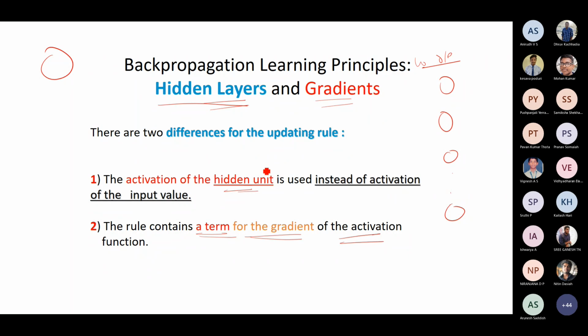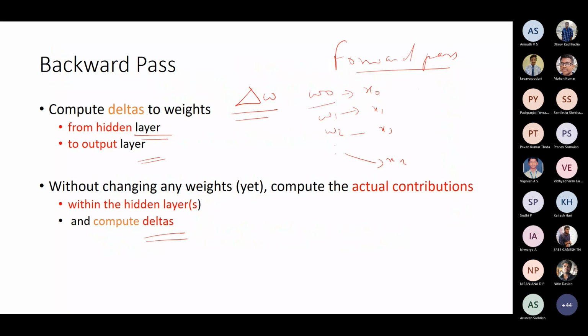The change of weight vector for the hidden unit and for the output unit will be different. The algorithm is called the backward propagation algorithm. There is a forward pass and a backward pass.